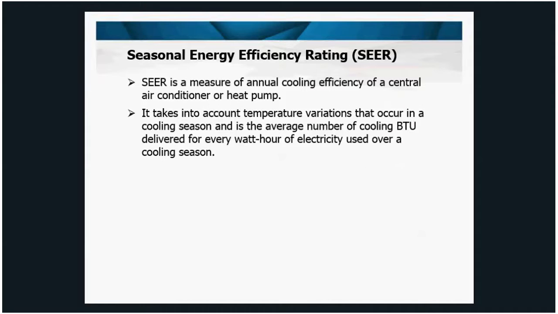Seasonal energy efficiency rating, or SEER rating, that's the one we're most familiar with. It's a measure of the cooling effect of an air conditioning unit or a heat pump, and it takes into account the starting and stopping and the variations in temperature that occur over the cooling season. It is a reasonably good measure of how efficient a system is.